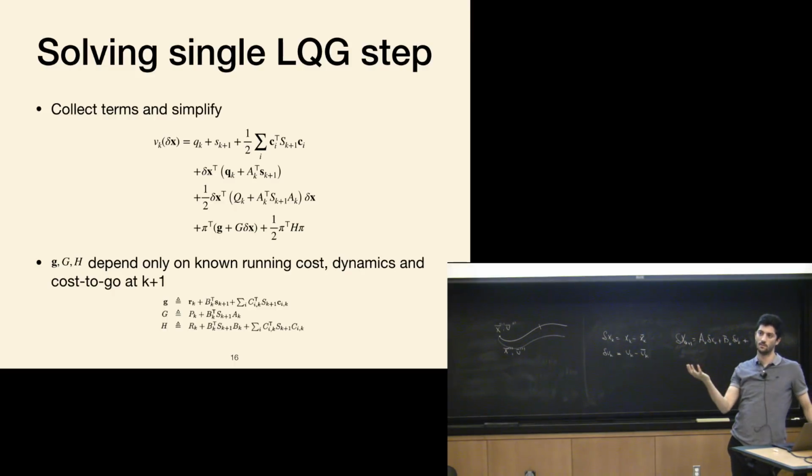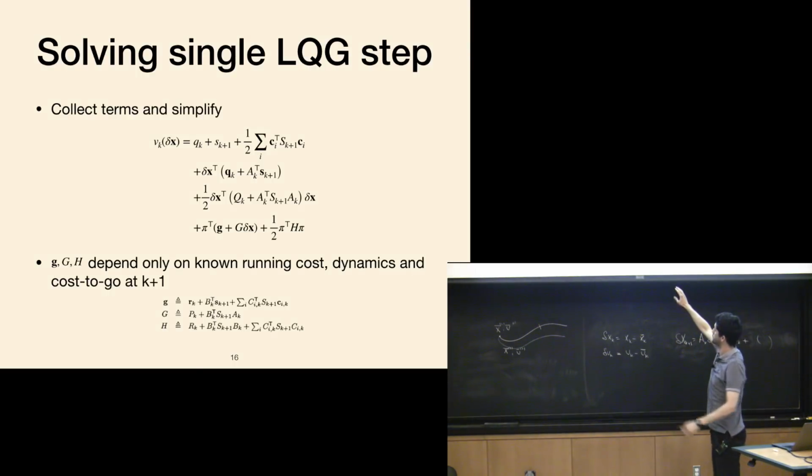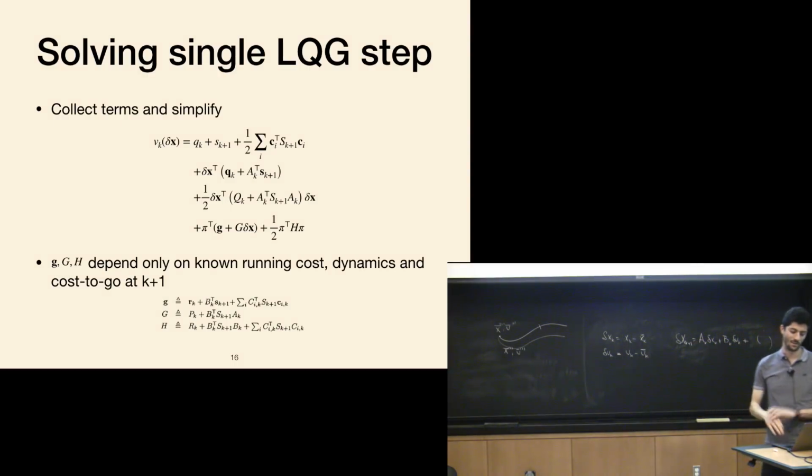All the other terms are part of the cost to go, but in terms of doing min over pi on this expression, you only care about the pi terms, right? And the key fact, there's some notation here, there are some terms that appeared, these little g, big G, and H, and those are just big sausage terms. But the key fact is those all contain things that are either the cost to go starting from k plus 1 forward, which you already know, or terms that have to do with the running costs and the constraints, which you also already know. So you know everything there.